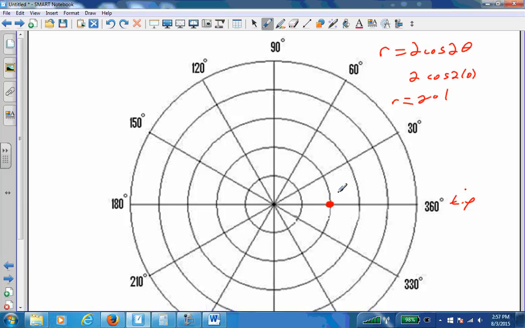And then how many degrees did we say our petals were apart? 90. So if the tip of our first is at 0, then the tip of our second one is at 90. Our third one is at 180. Our fourth one is at 270.